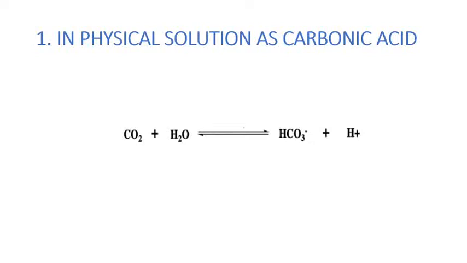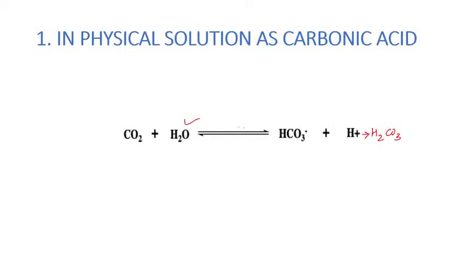In the plasma there is abundant water. So H2CO3 readily dissociates into HCO3 minus, that is the bicarbonate ion, and H plus ion.